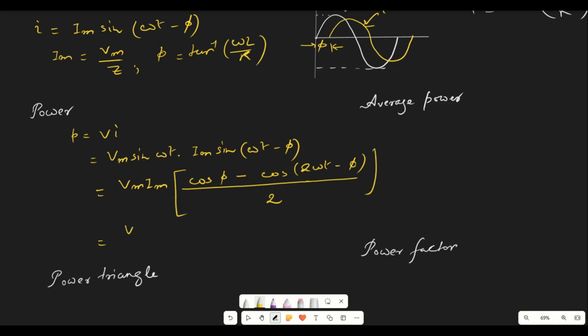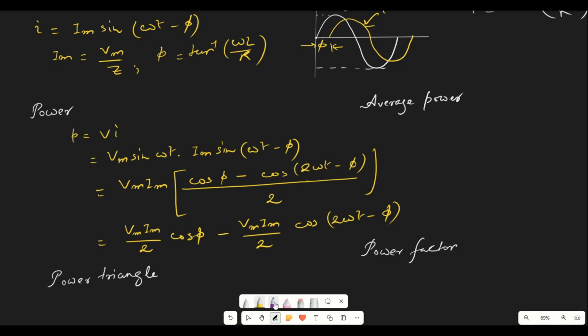So this can be simplified as Vm Im divided by 2 cos phi, then minus Vm Im divided by 2 cos of (2 omega t minus phi).